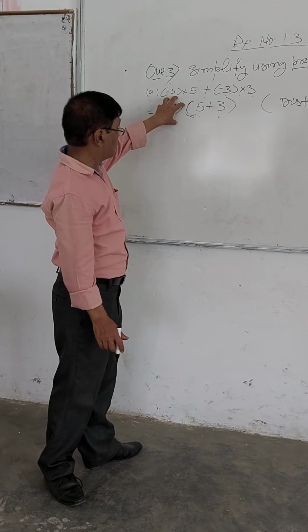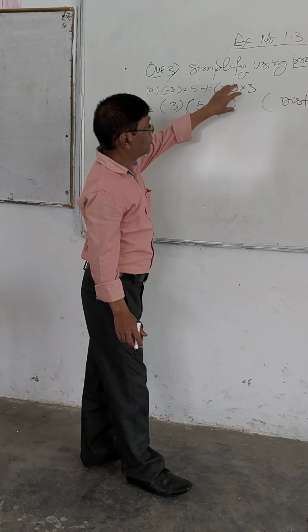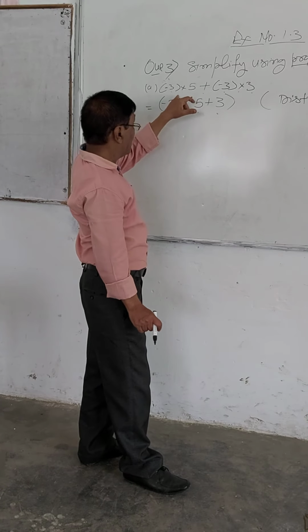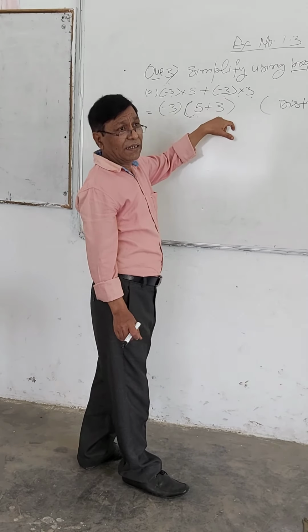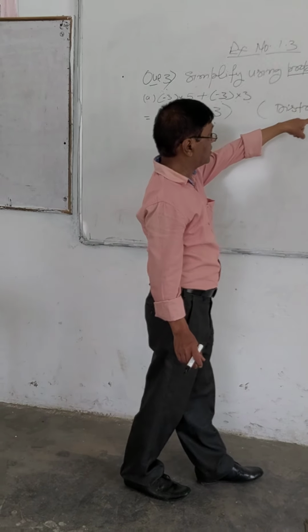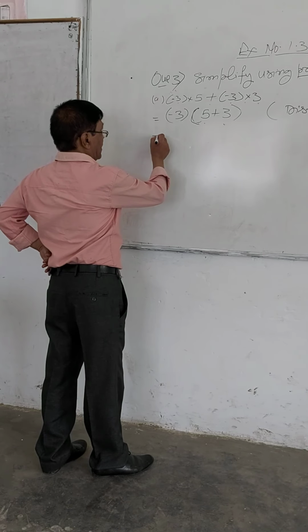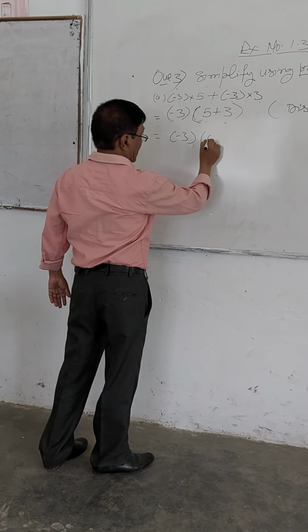Now this you have to multiply by this, and the same number you have to multiply by 3. So multiplication is distributed over addition. That's why this property is known as distributive property. Now again we can solve it. Minus 3 into 5 plus 3, which is 8.